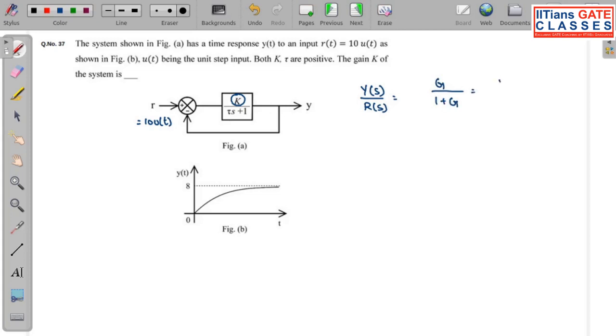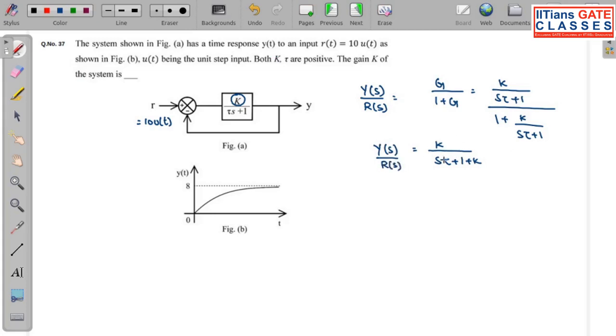So K divided by (s tau plus 1), divided by 1 plus K over (s tau plus 1). If I solve this, it will be K divided by (s tau plus 1 plus K). This is your Y(s) by R(s).